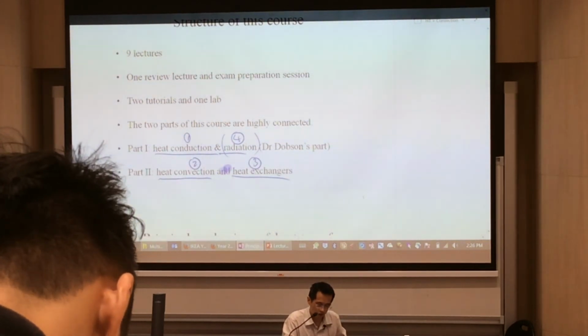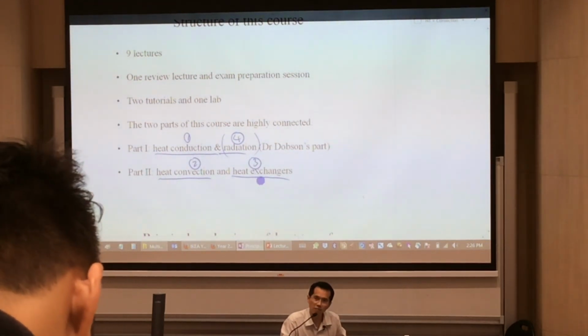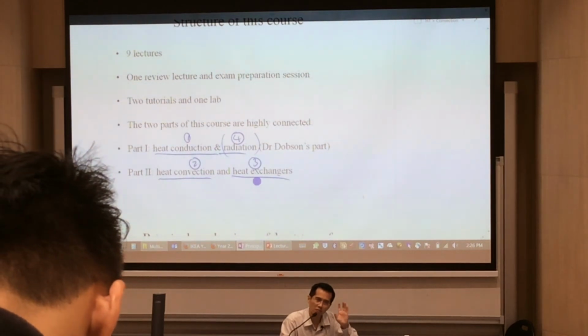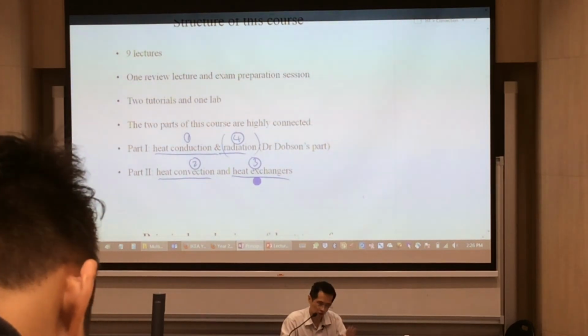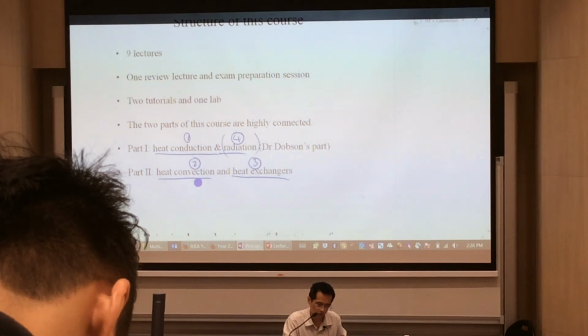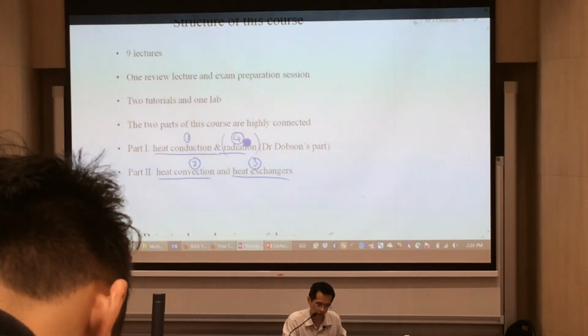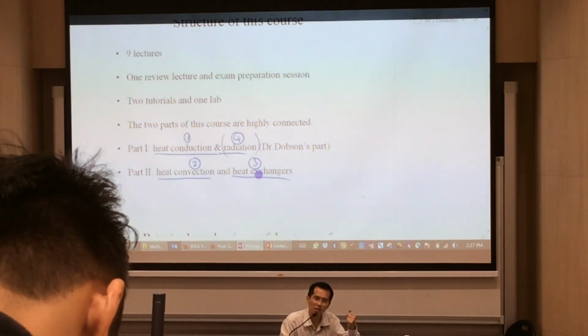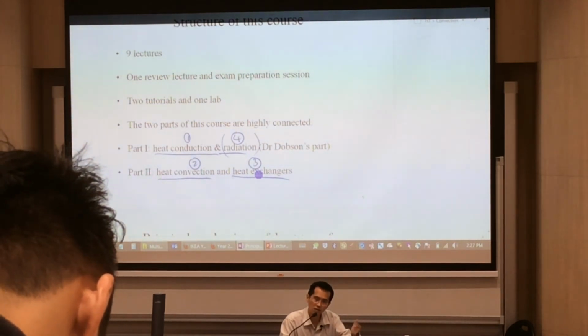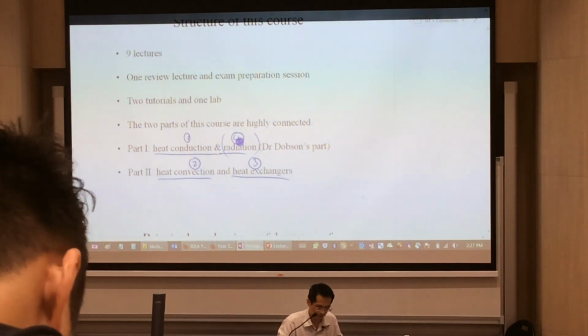So it will be confusing if I deliver it in that way, because I want you to have a good closure to conduction and convection before you go into radiation. And heat exchanger over here requires knowledge in conduction and convection. So 1, 2, 3, 4, and that way will be the best.